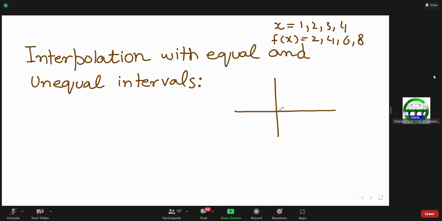If you put these values, you can draw a straight line, because both are increasing.